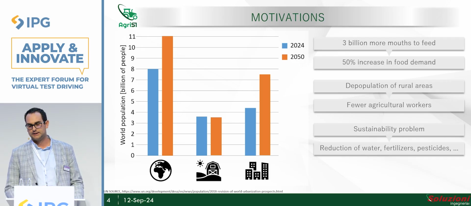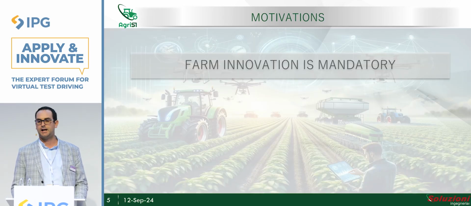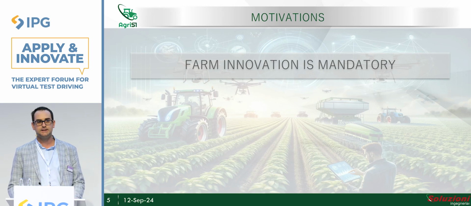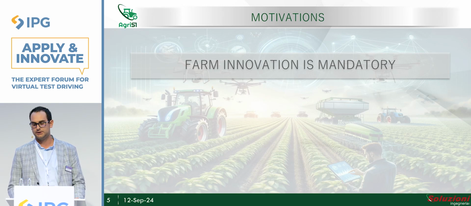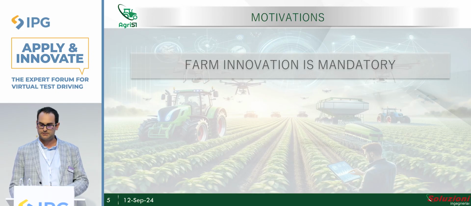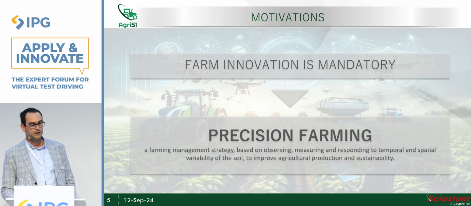So for sure it is a challenging scenario for the future, and to face it, farm innovation is mandatory. And one of the aspects of this farm innovation is precision farming.